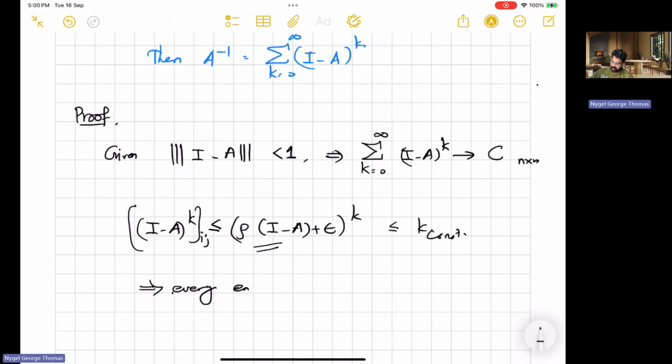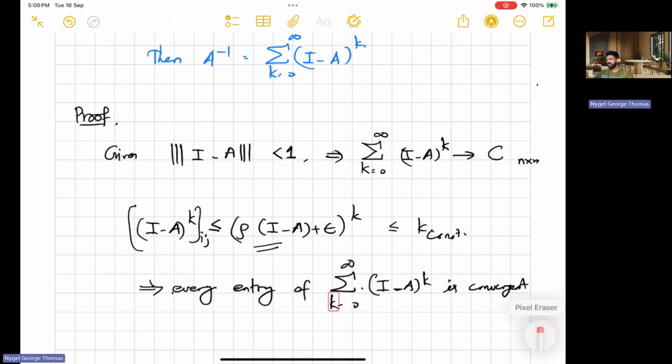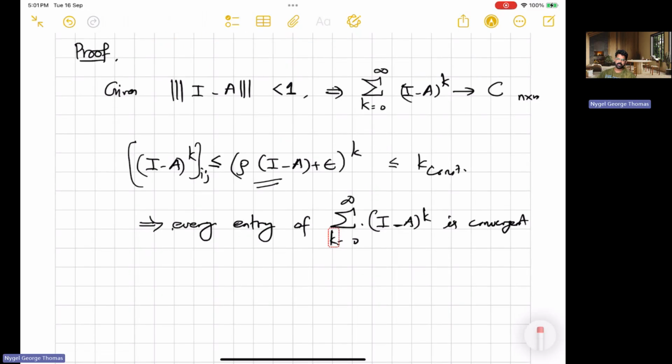The kth matrix is convergent, so if you sum such matrices till infinity, the sum of (I minus A) raised to k is convergent. As k approaches infinity, this matrix will tend to zero, but even before approaching infinity, all the values are bounded.